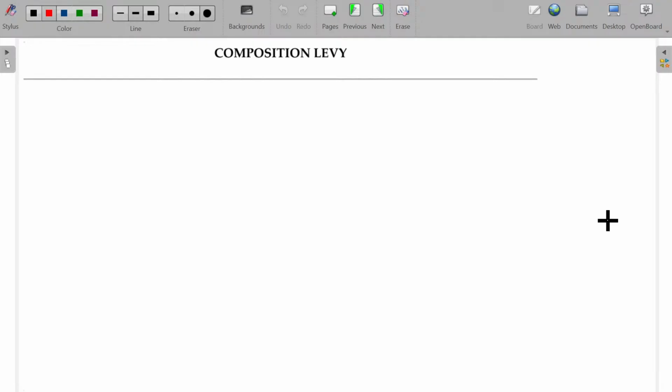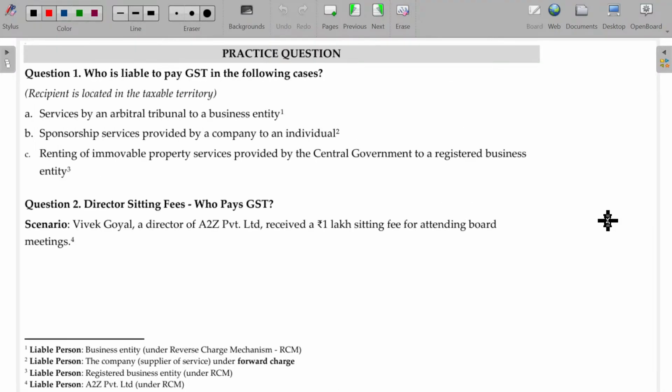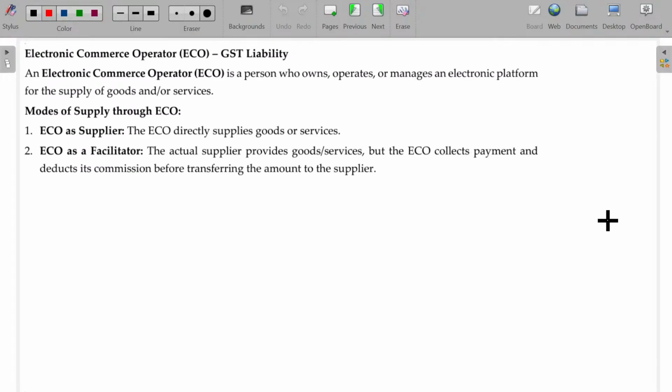Like percentage basis taxation, you might have studied in income tax. Rather than regular tax, you may be allowed to pay a small number, where 6% of your amount received in account will be considered as your income. Similarly, here also you can pay only 1%, 2%. You need not pay the regular tax. That is called composition tax. Now you will be able to understand the logic here, why two numbers are given.